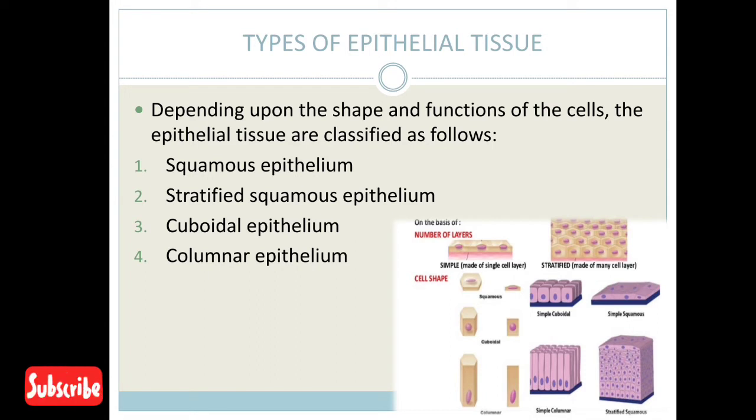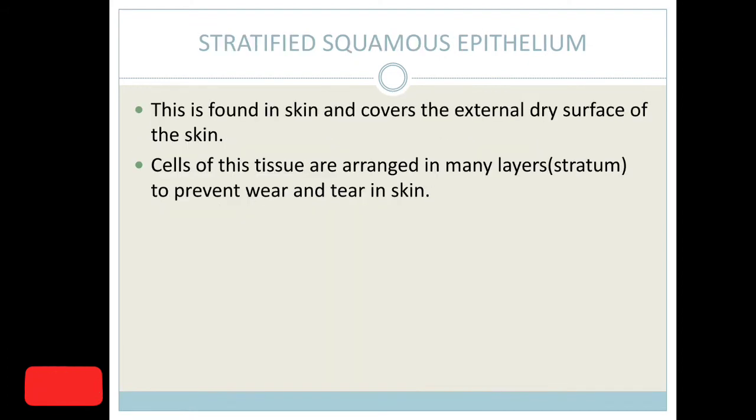Those layers are known as the stratum. This type of tissue prevents wear and tear in the skin. Our skin is made up of this stratified squamous epithelium.